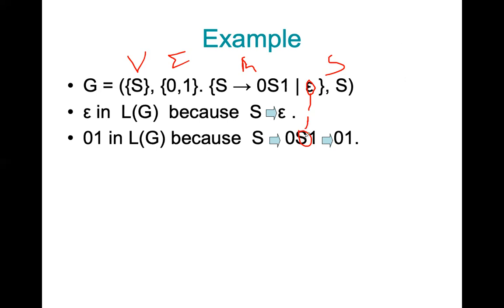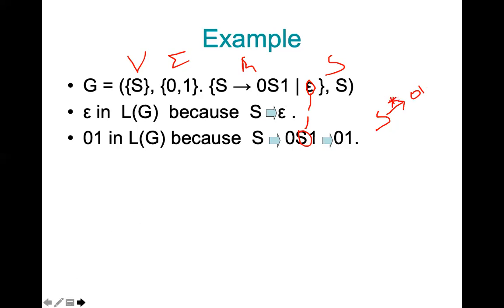It is the empty operator. So what is left out here? 01. So we can write like this: S is producing 01, using more than one rule, so here you can write the star.